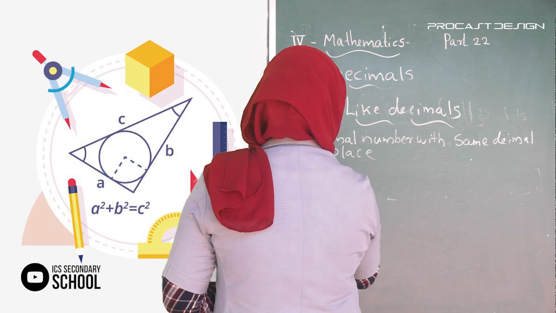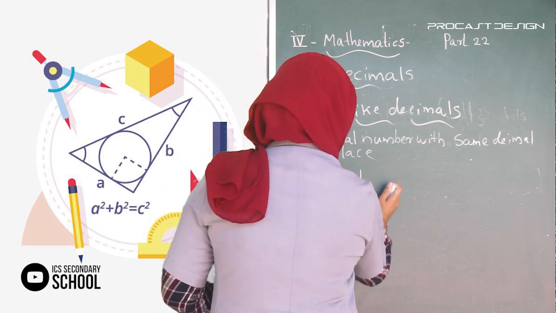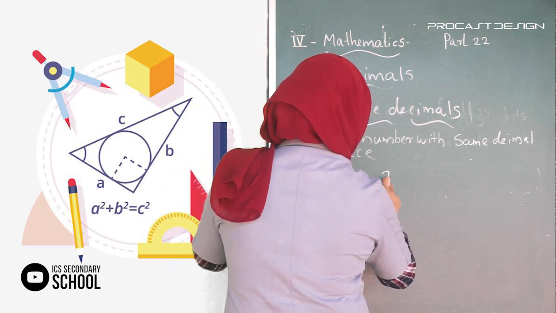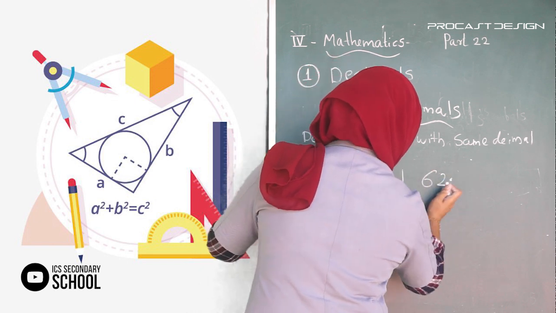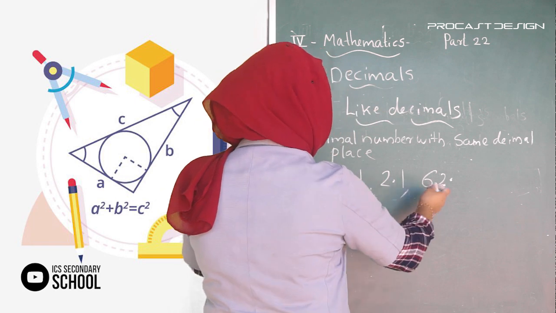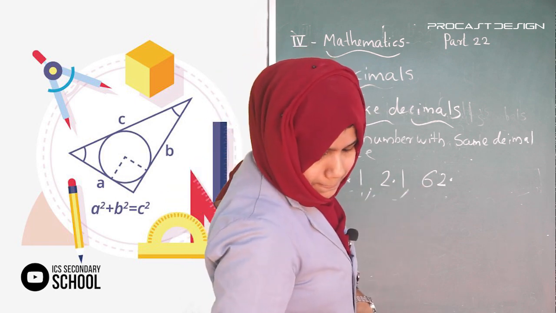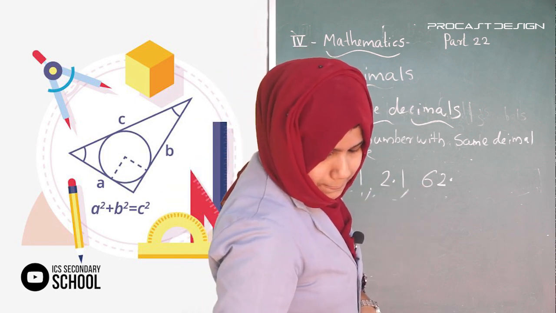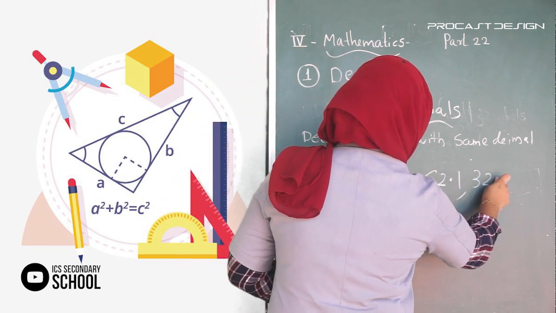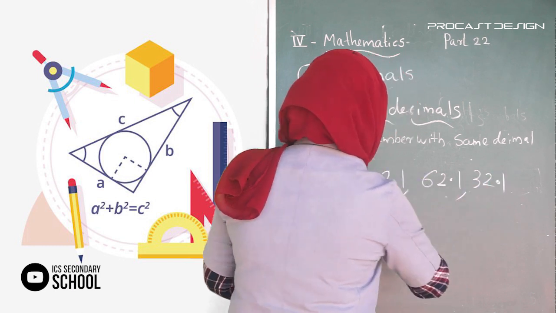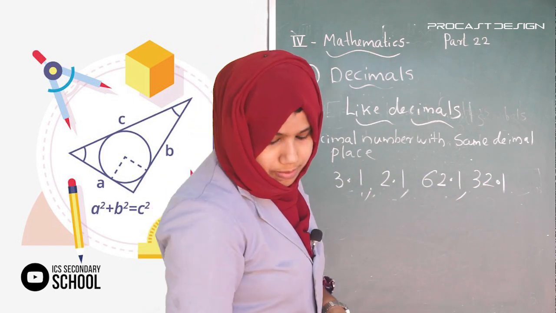Example: 3.1, 2.1, 62.1, 32.1. Here all have 1 decimal place.